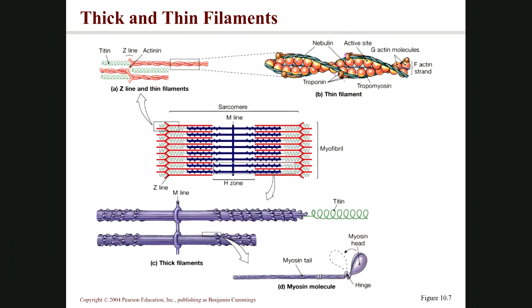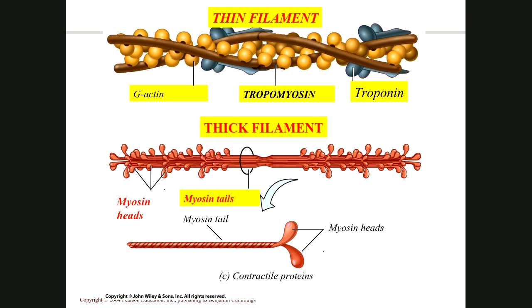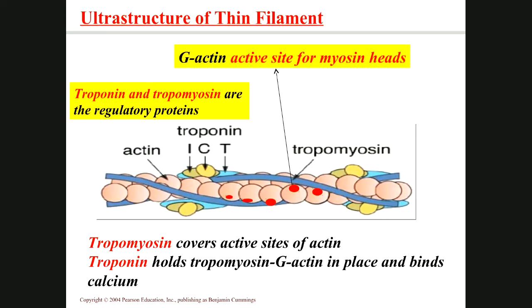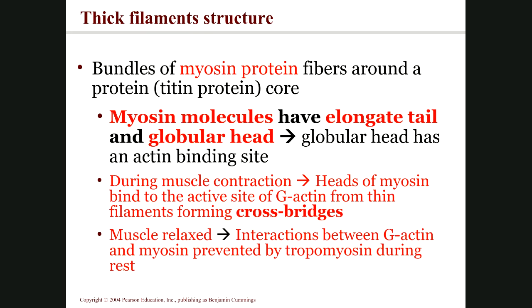When calcium binds the troponin, troponin moves out of the way, and as it moves out of the way, it drags tropomyosin with it, exposing the active sites of actin, which is what I had right here. And then the thick filament underneath, the head, will perceive the active site of actin close by, and it goes up and binds to the active site of actin. So all these structures are important in muscle contraction.